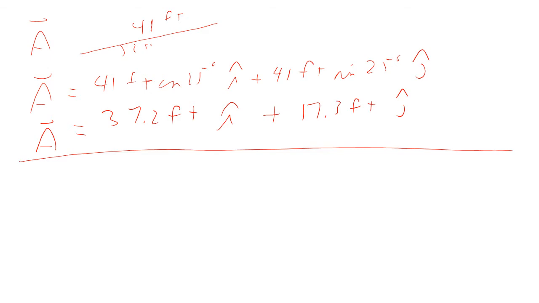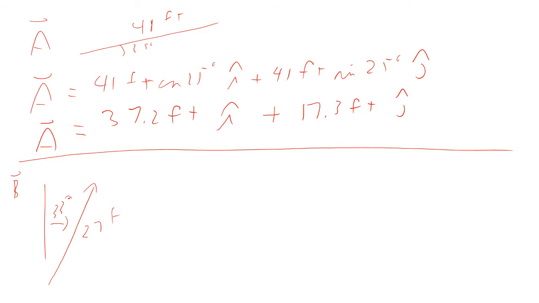Now, vector B was a little bit different. Vector B, I told you, was 27 feet, but I gave the angle as 33 degrees from north.